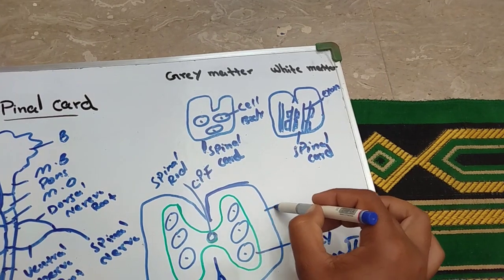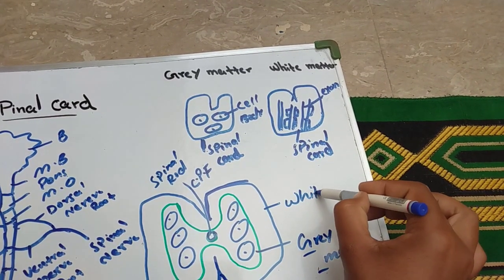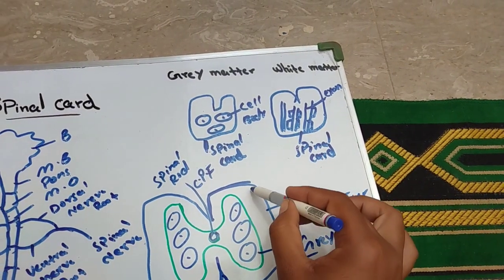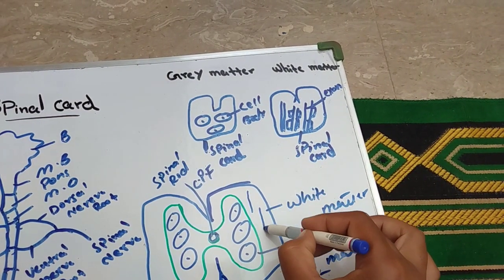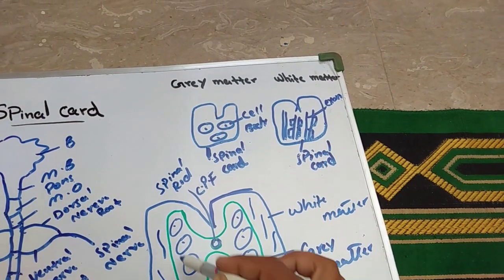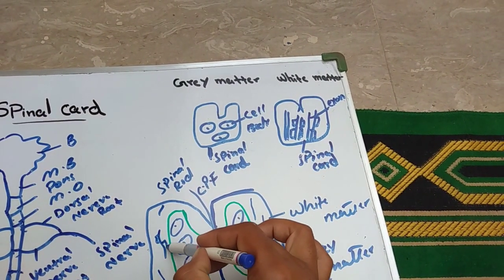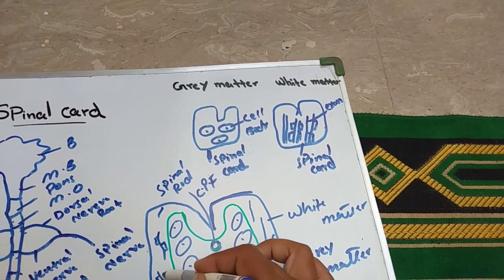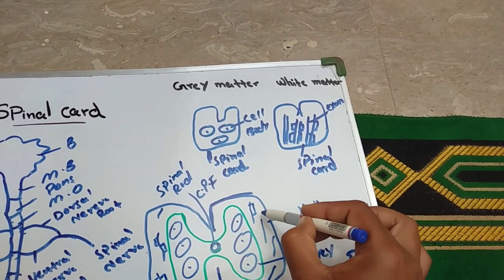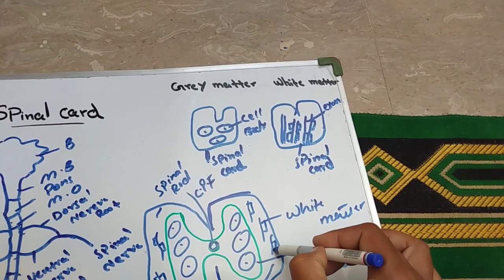And this is the white matter. White matter is the area of the spinal cord that consists only of axons, myelinated axons. Myelin is made up of fat.